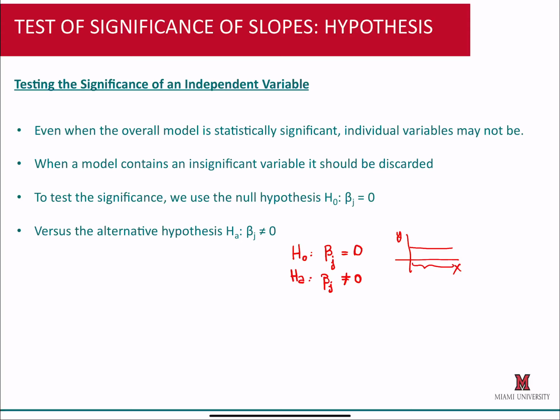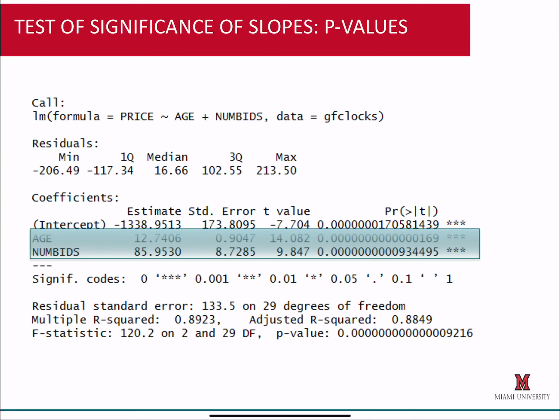Now we have to take into account that this is in the presence of the rest of the predictors. So what that means is that, for instance, we have h here, and the hypothesis test, again, is the null hypothesis that the slope for h is equal to 0, meaning that there's no relationship between h and the price of a clock.